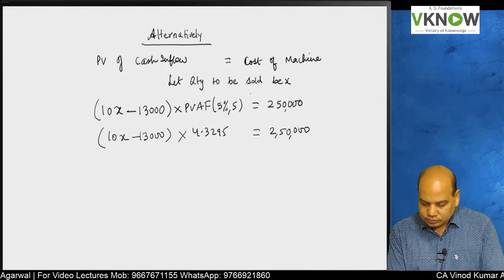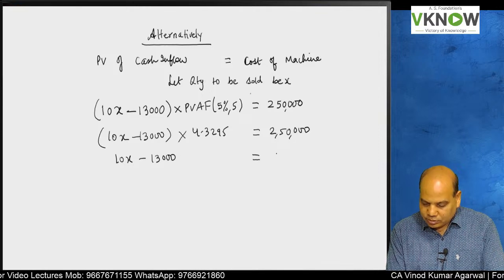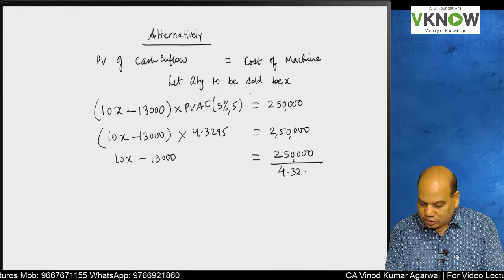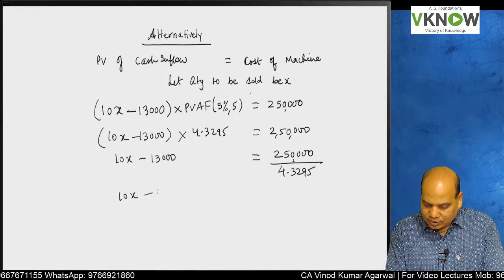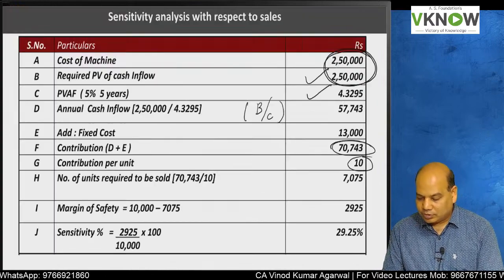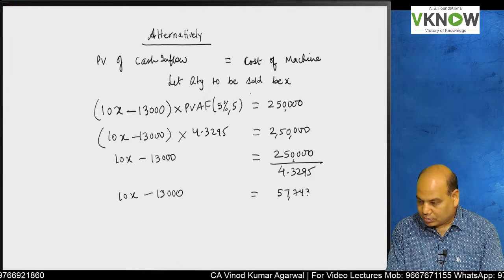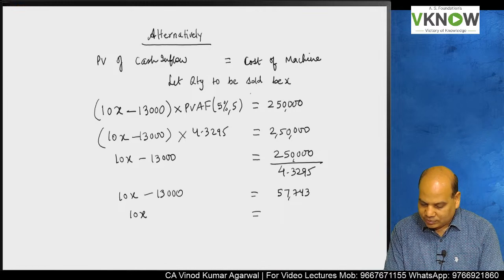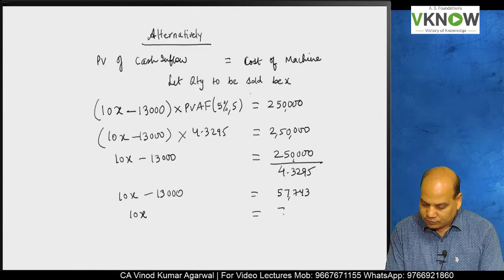Which means 10x minus 13,000 will be 2,50,000 divided by 4.3295, which means 10x minus 13,000 is equal to 57,743. So 10x equals, add this number, 70,743.